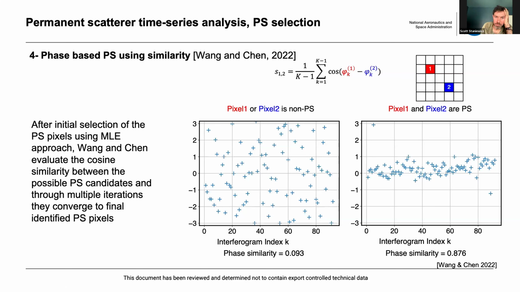Pixels that agree with each other in space will have a high cosine similarity, and ones that are in a super noisy area that you don't want to pick and don't want to try to unwrap have a low cosine similarity. And this works well because it's simple, and it also is pretty resilient to a blurring effect that can happen when you do a lot of spatially correlated filters.